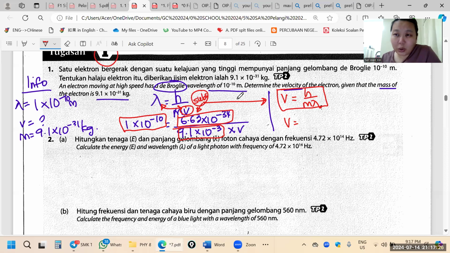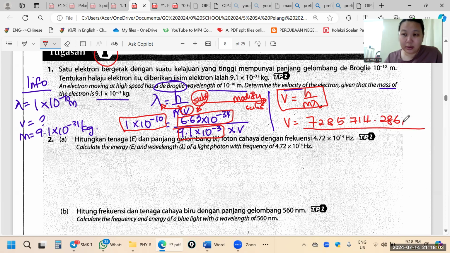Second way, you modify the formula first, then only you substitute. Answer is 7285714.286 meter per second.